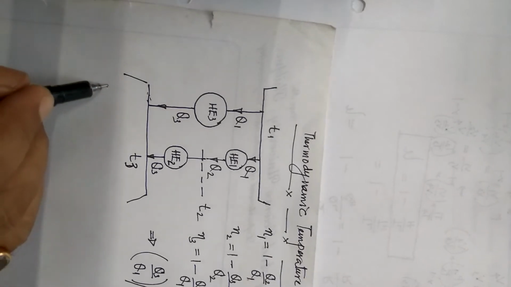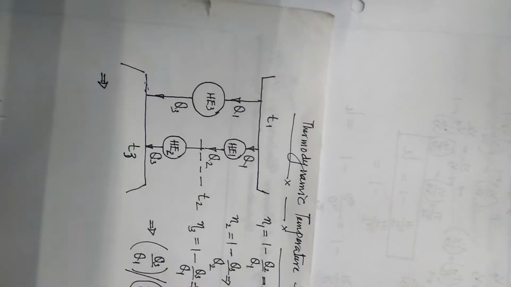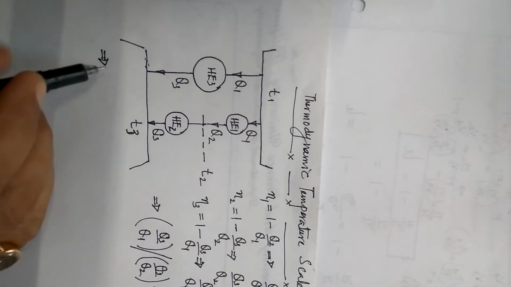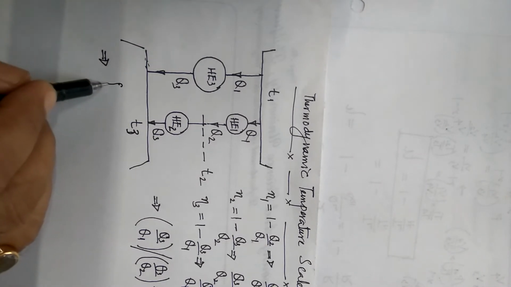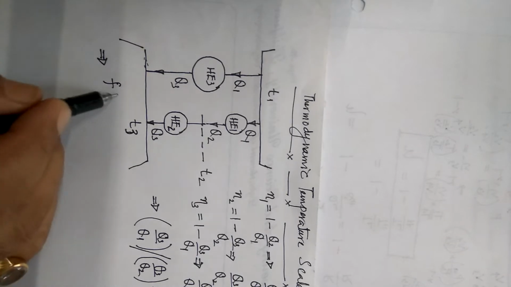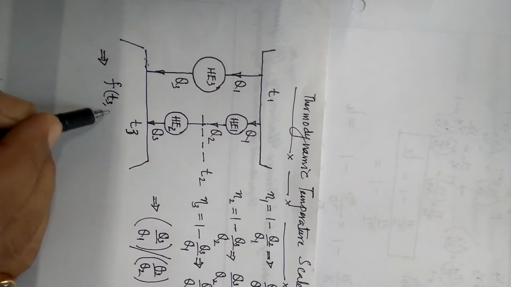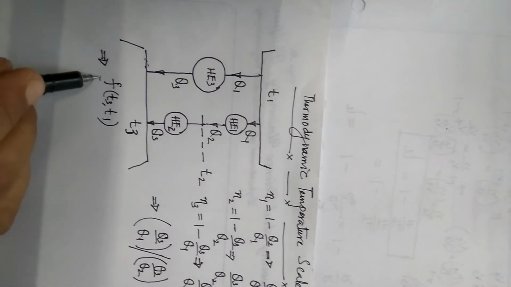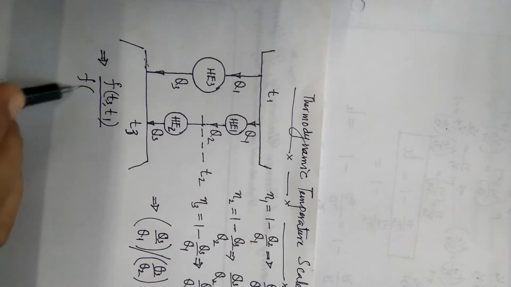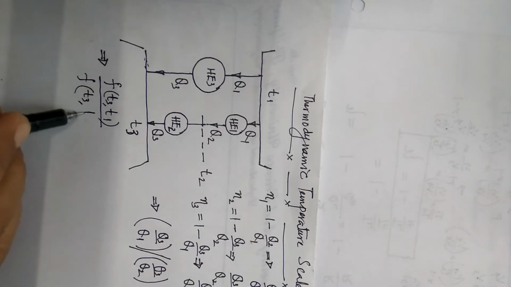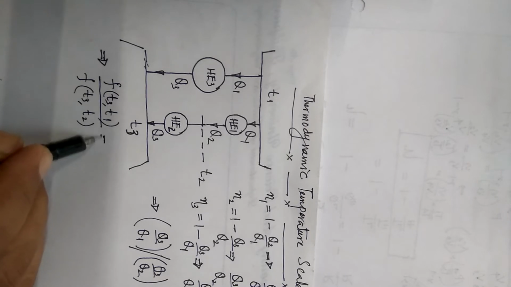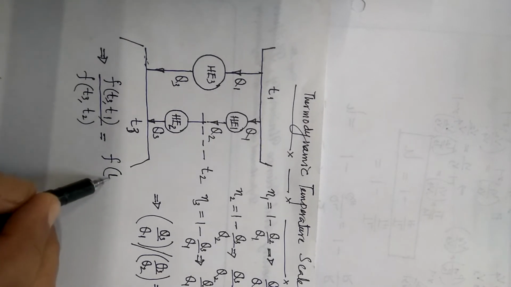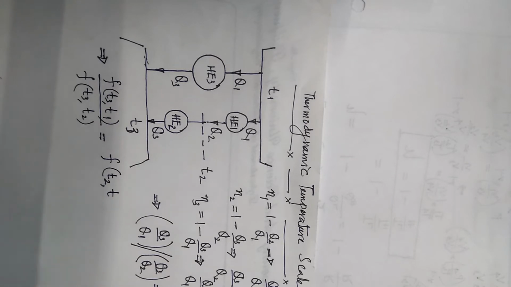What does it mean? It means that f of T3 comma T1 divided by f of T3 comma T2 is equal to f of T2 comma T1.